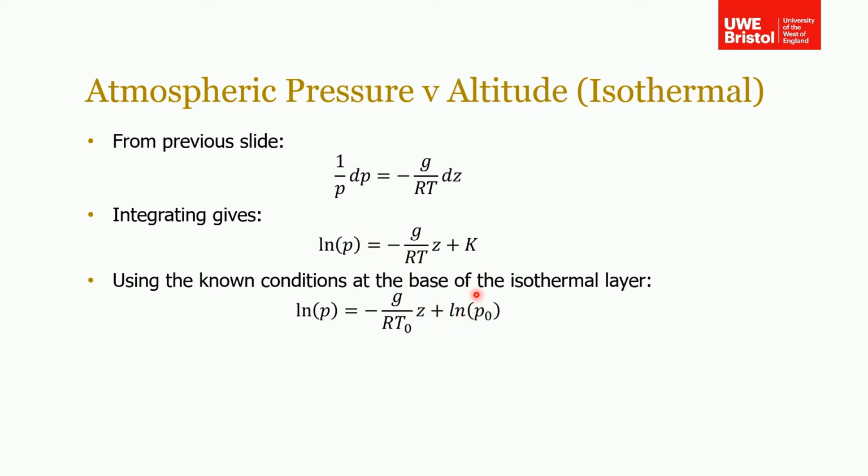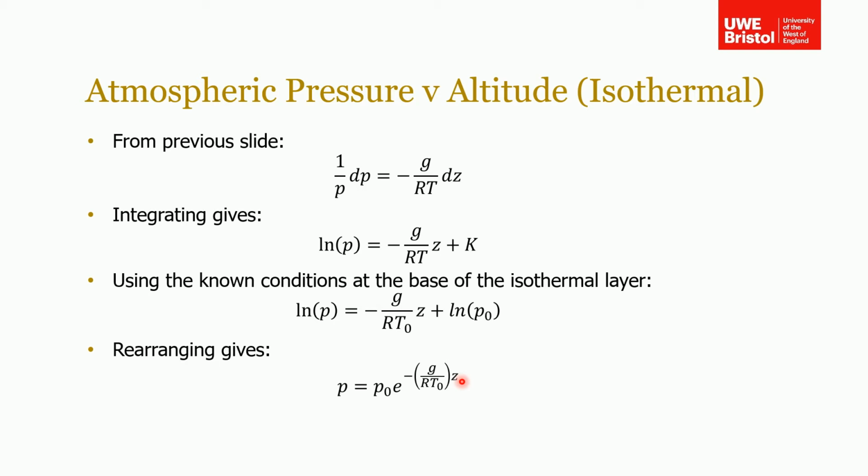And we can then rearrange that so that we end up with our pressure is equal to the pressure at the base of our layer times the exponential of minus g over RT, where again T is the temperature of the base layer, times our altitude.